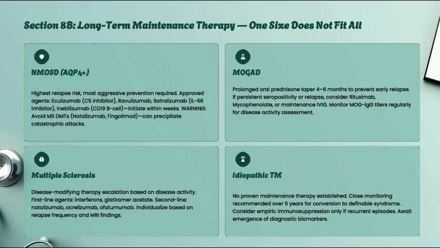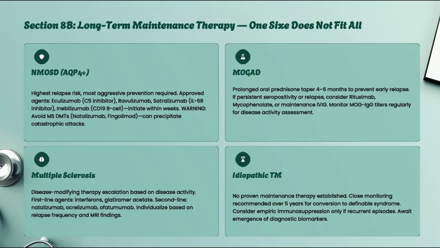In MOGAD, relapse patterns differ. Many patients require prolonged corticosteroid tapering, often over several months, to reduce early relapse risk. In recurrent disease, therapies such as rituximab, mycophenolate, or maintenance intravenous immunoglobulin may be considered. In multiple sclerosis, long-term disease-modifying therapy is guided by standard MS treatment principles and depends on disease activity, MRI burden, and relapse history.